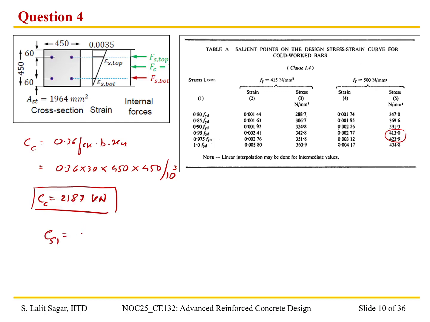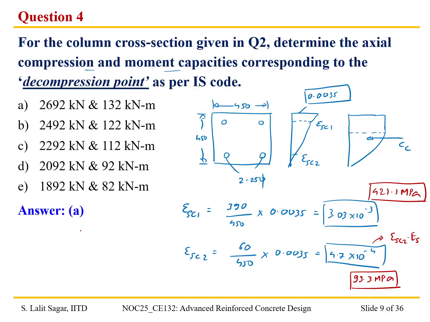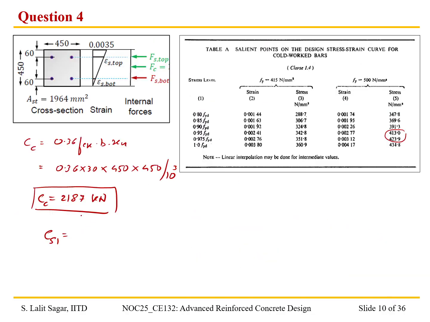CS1 is given by the stress times the area. So stress is 421.1 multiplied by 981.75. Okay, and let me write down the compressive force in the bottom steel as well. That is 93.3, if I'm not mistaken. Yeah, 93.3 into 981.75.